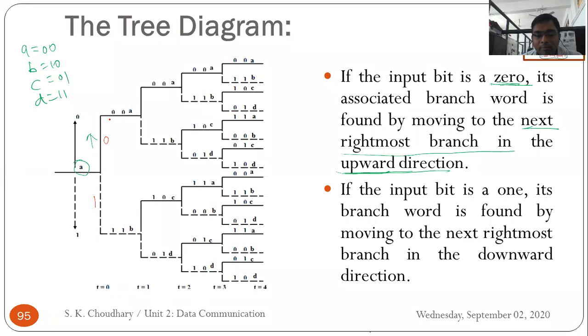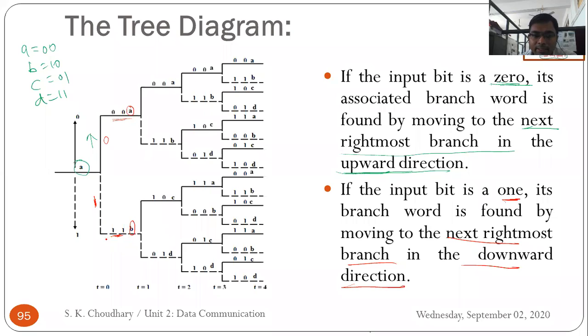For 0, you remain in the same state, as we have already seen in the state diagram, and the output is again 0 0. But if you receive the input as a 1, you go to the next rightmost branch in the downward direction, by the dashed line shown here. You enter the next state B, 1 0, and the output is 1 1, as we have recently seen in the state diagram.